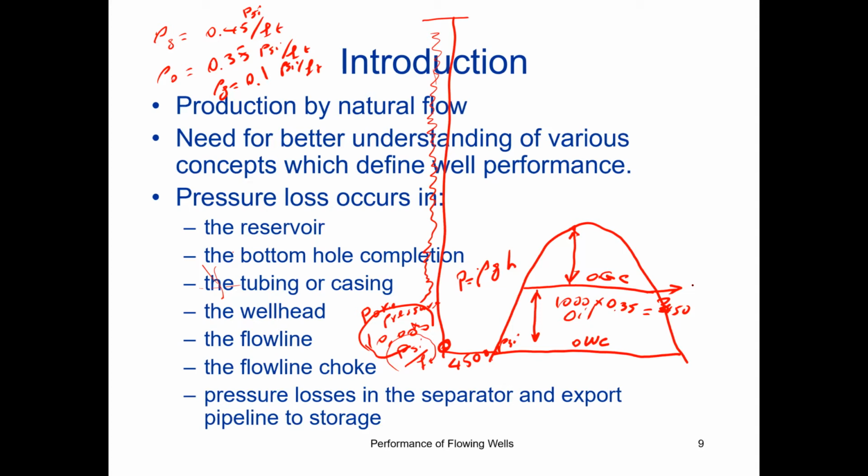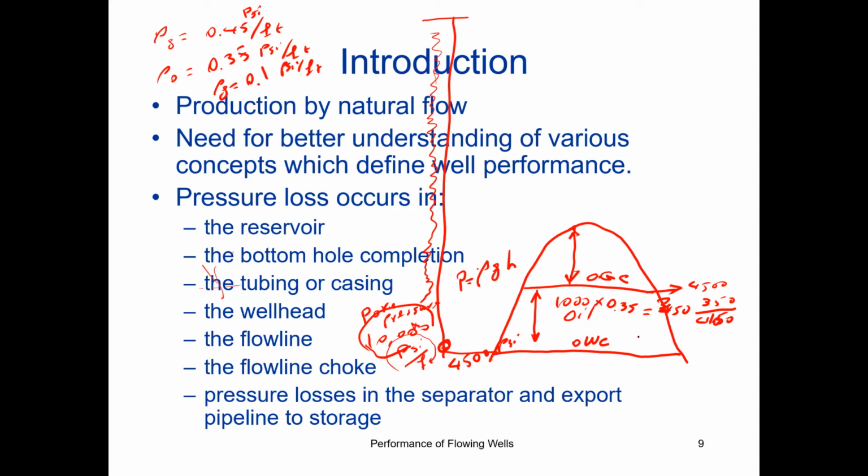So pressure here would be 4,500 minus 350, so it becomes 4,150. Do you agree?